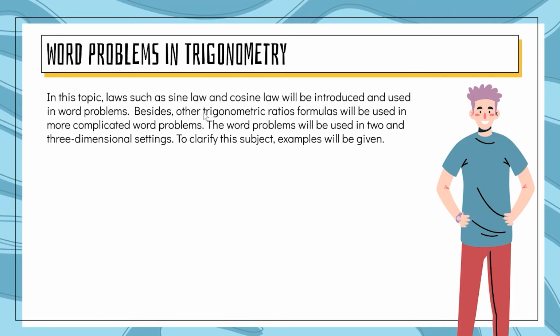Besides, other trigonometric ratio formulas will be used in the more complex word problems. The word problems will use two and three dimensional settings. To clarify this subject, examples will be given.